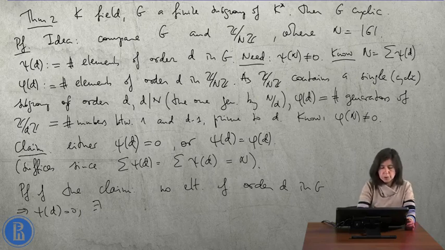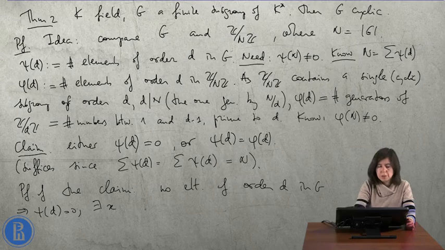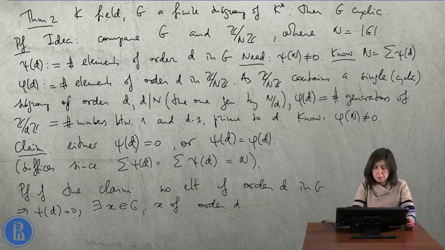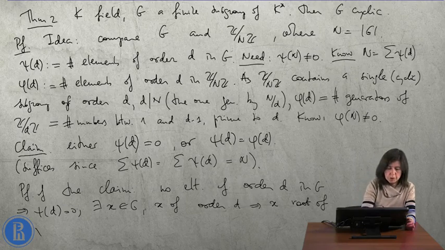If there is one element x of order d in G, then this x is a root of the polynomial x to the power d minus 1.